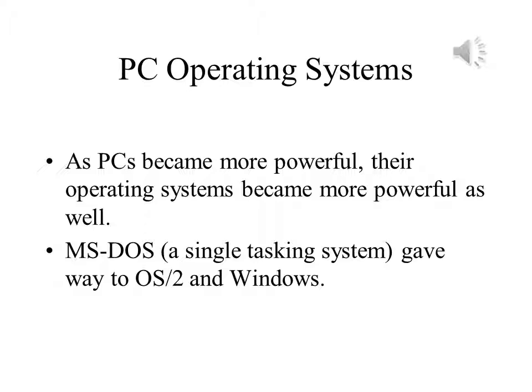PCs eventually became more powerful, incorporating many features of larger computer systems, including the ability to run more than one program at a time. As a matter of fact, some people called the 386 a mainframe on a chip. Imagine what they would say about the Pentium 4, not to mention the more recent duo and quad-core processors.